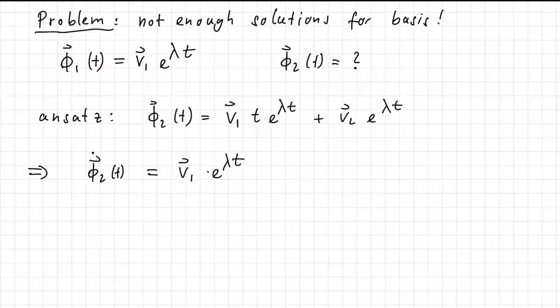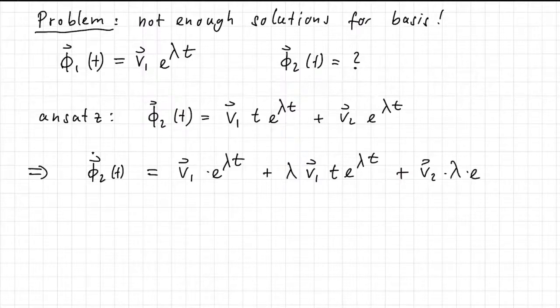Then we need to take the derivative with respect to t of the exponential, so that just gives us a lambda. So we get plus lambda v1 t e to the lambda t. And for v2, we have just a single term that depends on t, that is v2 times lambda times e to the lambda t.